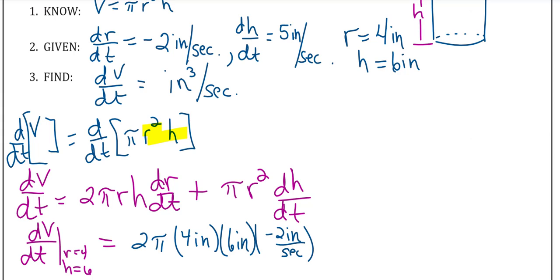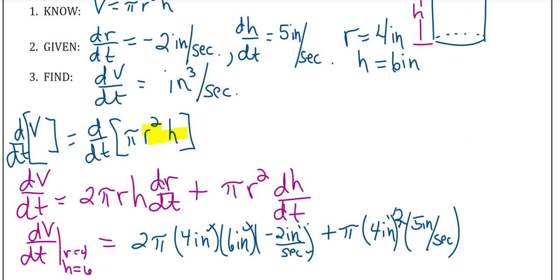And if you notice here, I have cubic inches, 1, 2, 3, and 1 rate per second. So that's great. And I'm going to add to that pi times 4 inches squared times my rate for the change in the height, which is positive 5 inches per second. And again, checking my units, I have inches squared and inches and 1 rate, so that's good.